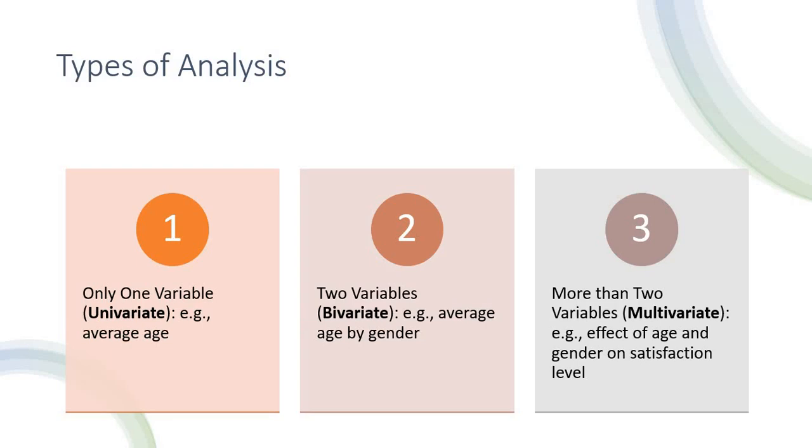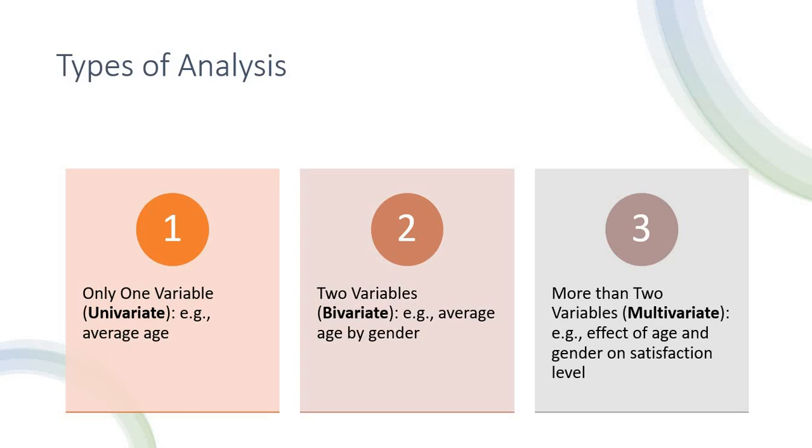So what we have discussed in this video are the types of statistics. If you are limiting yourself to describing sample data, it is called descriptive statistics. But if you are making inferences about the population based on your sample data, then it is called inferential statistics. Types of analysis based on the number of variables you are using in an analysis can be univariate, bivariate, or multivariate.